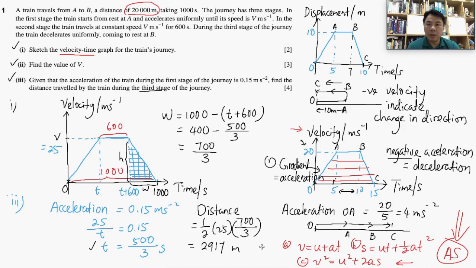So I hope that is clear. Bear in mind, area under the graph represents displacement or distance, and the gradient of the velocity against time graph represents acceleration or deceleration in this case. Now do help me to check in case any numbers that I calculated wrongly.